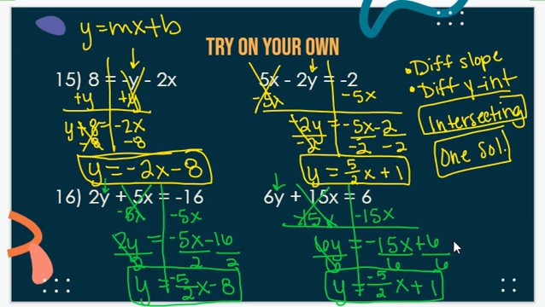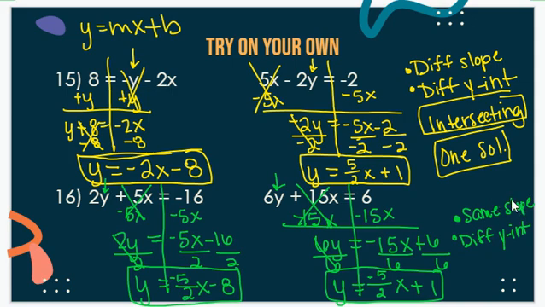So now we examine, and the first thing I see is they have the same slope, but they have different y-intercepts, okay? Because this one starts at negative 8, and this one starts at positive 1.